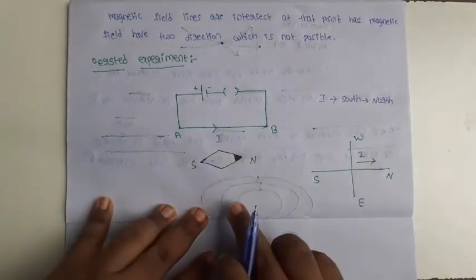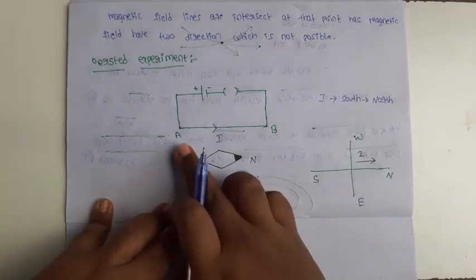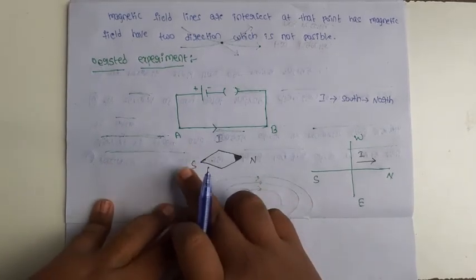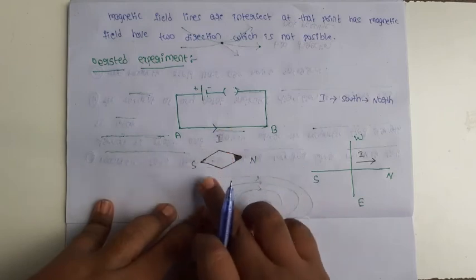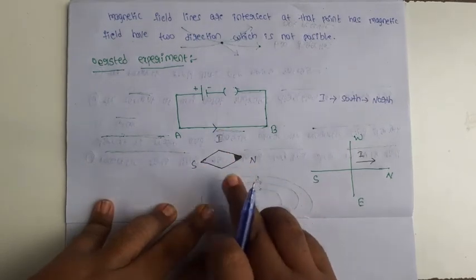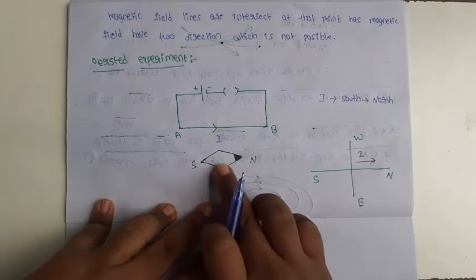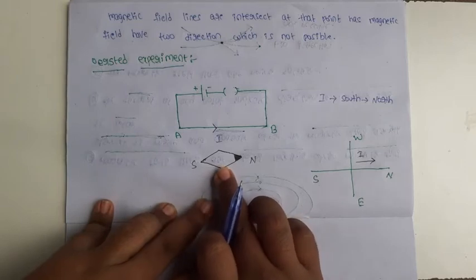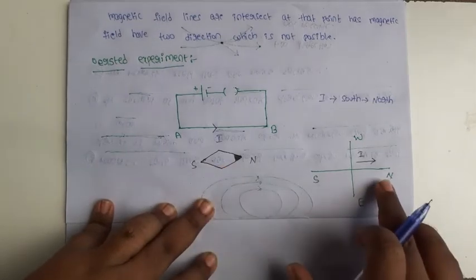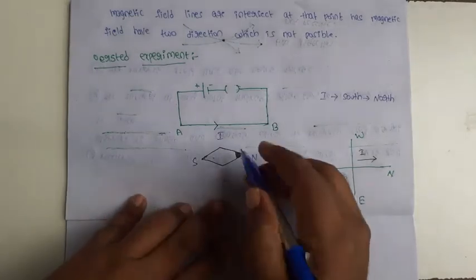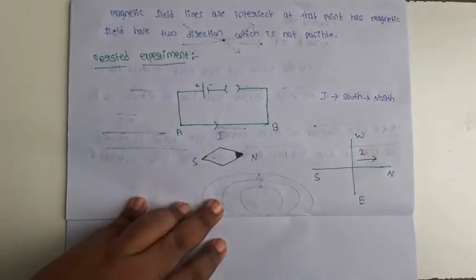Oersted observed that when current I flows in wire AB in the south to north direction, the magnetic needle is deflected in the upward direction.